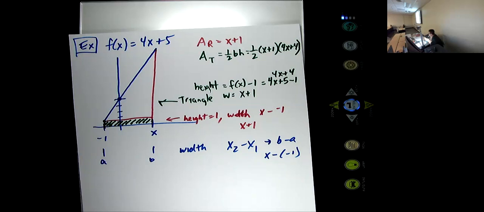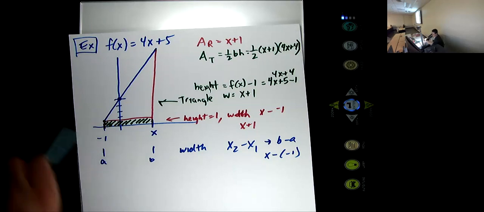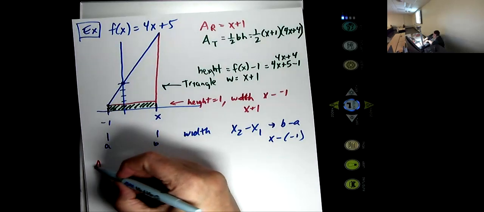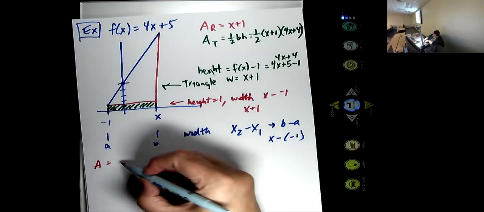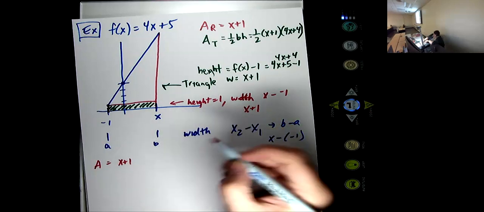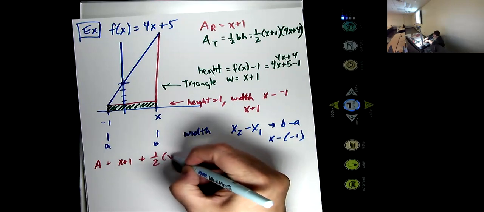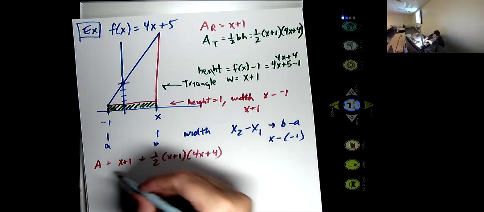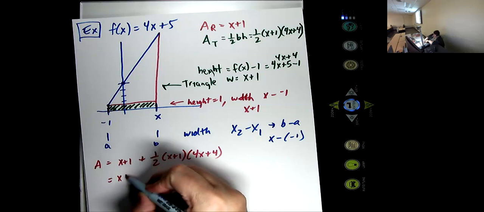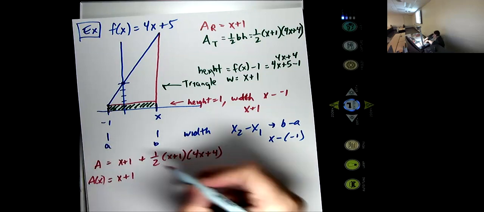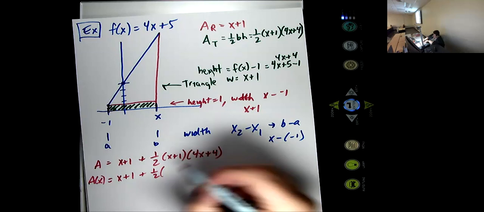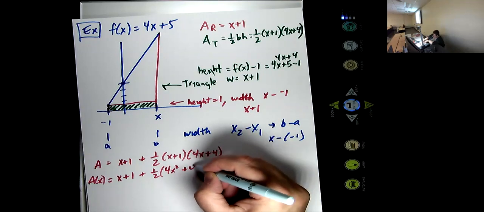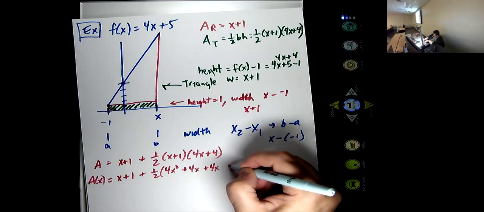But you go to a depth and I love it. So the area of the whole thing is x plus 1 for the rectangle plus 1/2 times x plus 1 times 4x plus 4. What do we have here? We figure this out. This is 1/2 times 4x squared plus 4x plus another 4x plus 4.